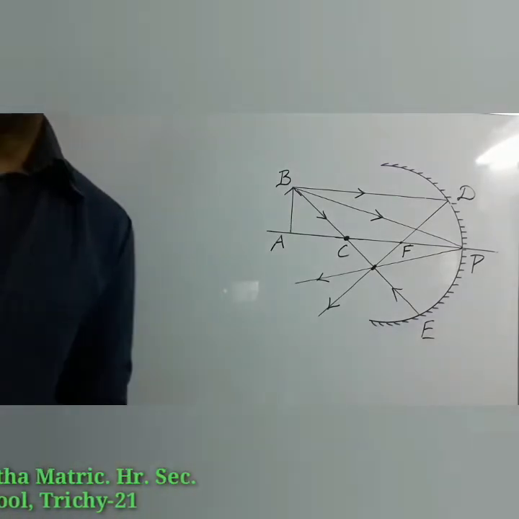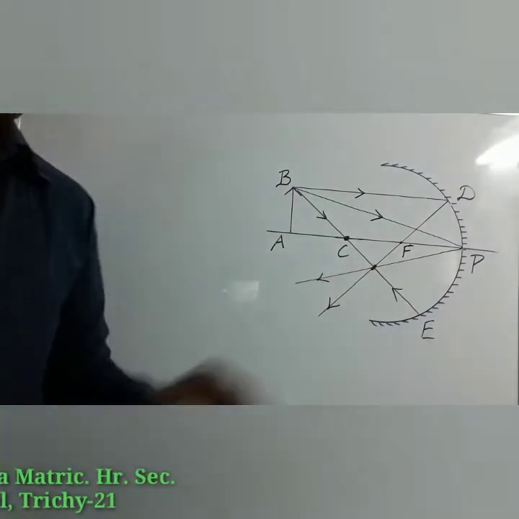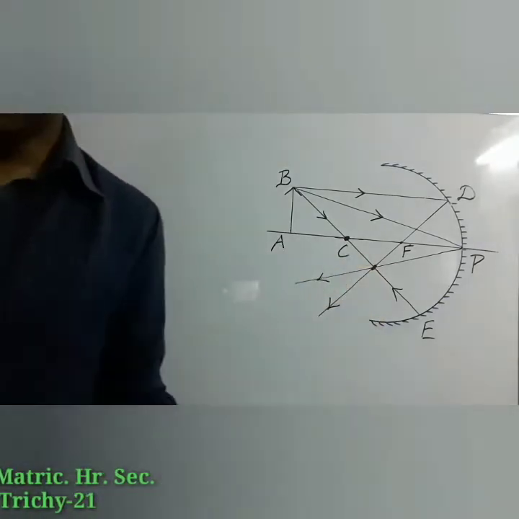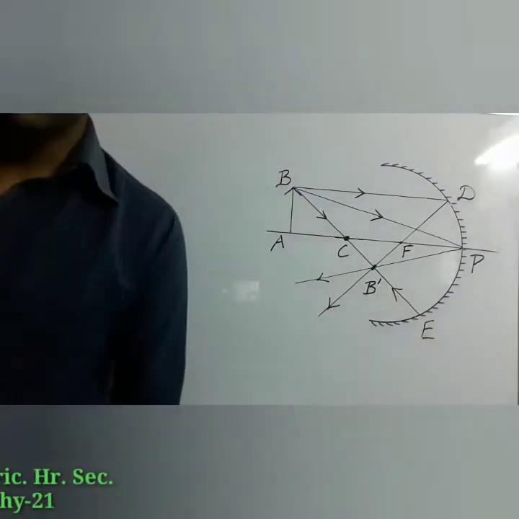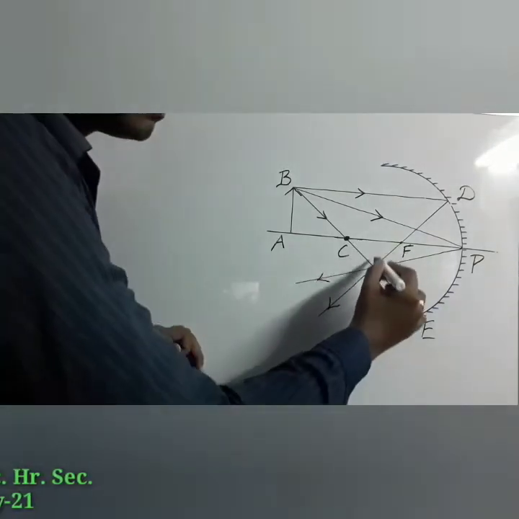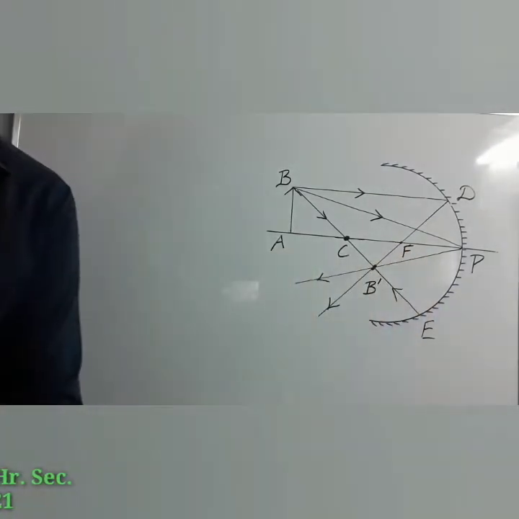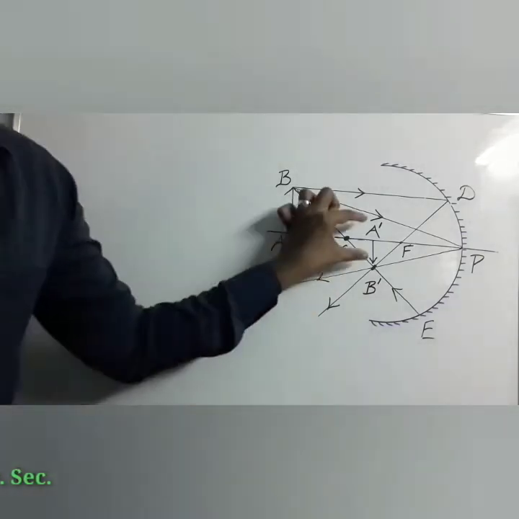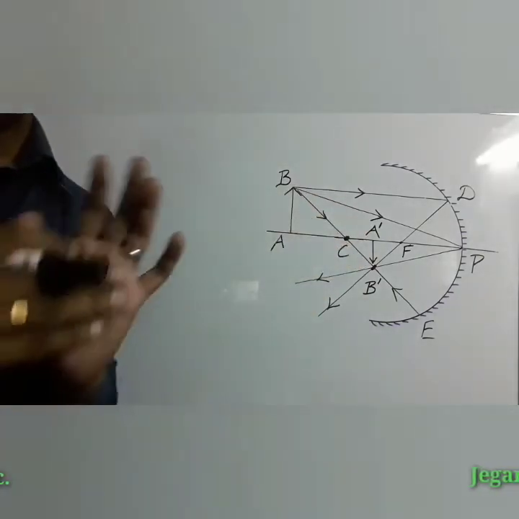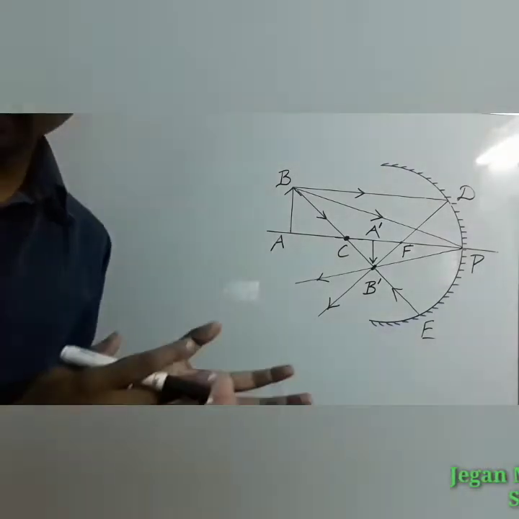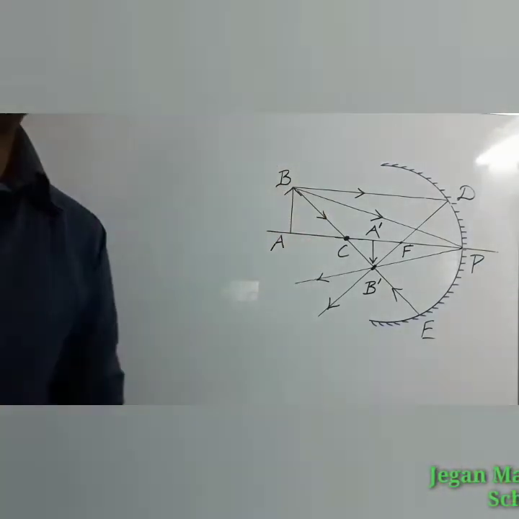You can observe the three reflected rays intersect at a particular point. We have taken that point as B dash. Here we draw the perpendicular from the principal axis, so we get the perpendicular line A dash B dash. That represents the real inverted image of the object AB.